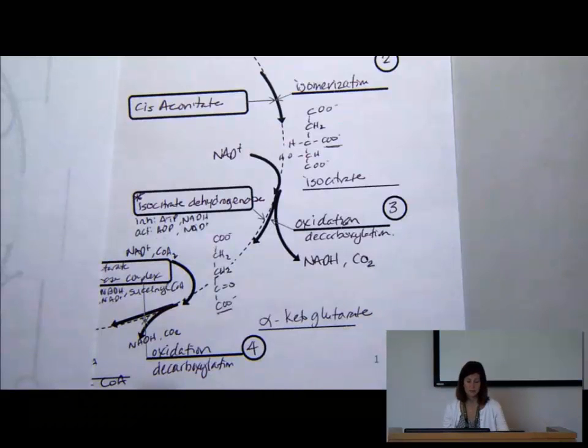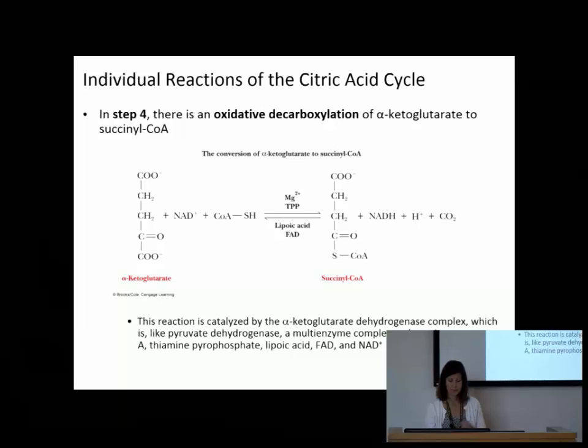So right after that decarboxylation, we have another one. And so we're taking alpha-ketoglutarate. We're losing this carbon as carbon dioxide, and we're putting it together with a thioester bond with coenzyme A. This is an oxidation step.